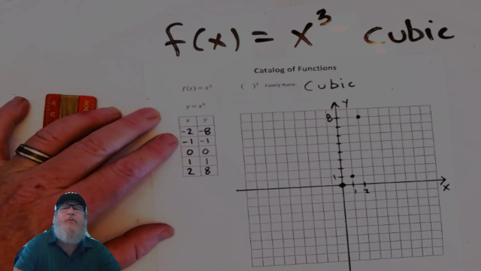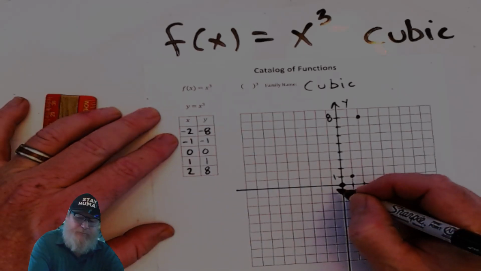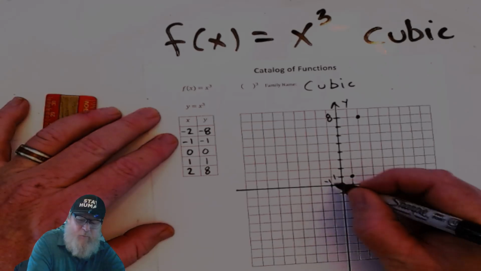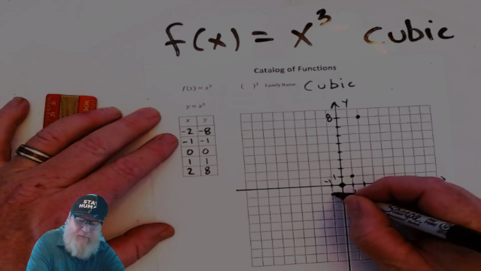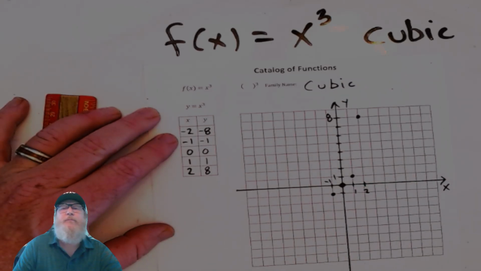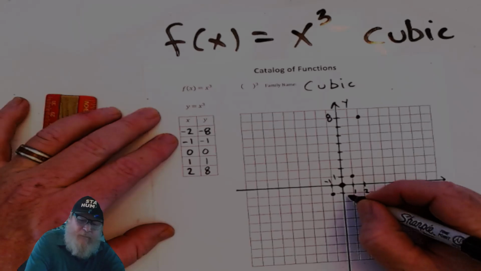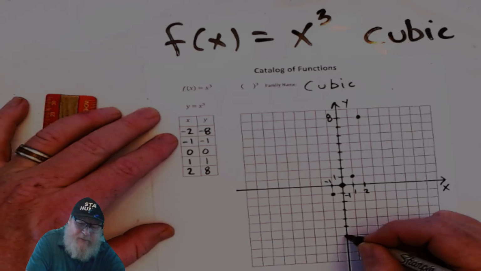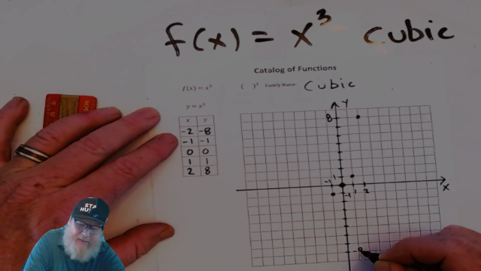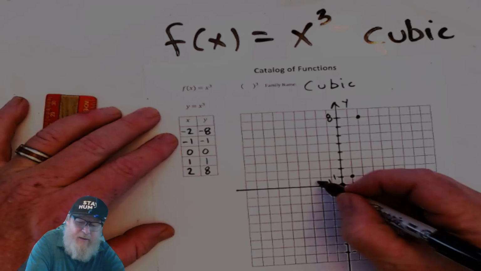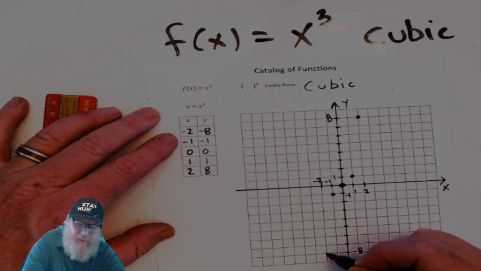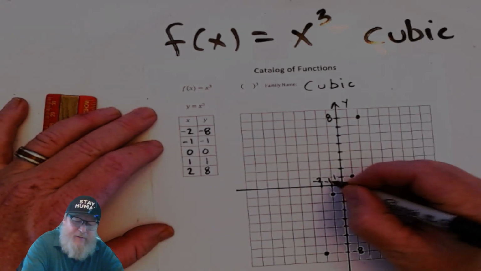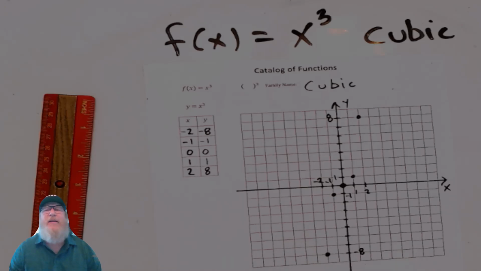These negatives will be down here in quadrant 3. So -1 and -1 right there. And then 2, 3, 4, 5, 6, 7, -8 and -2 down here. These numbers are kind of crunched together in there.